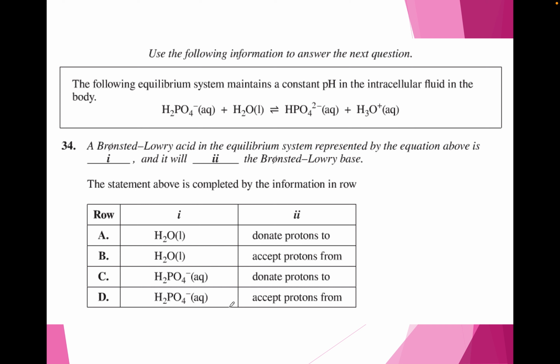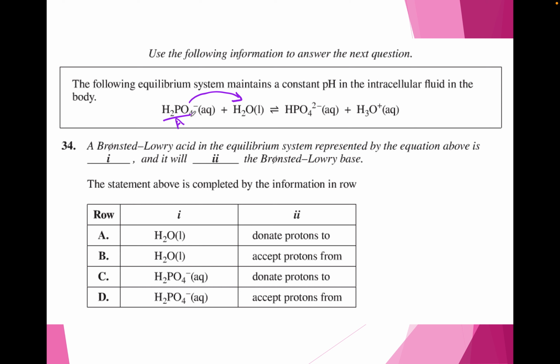So looking at our old diploma question here, we have the reaction given, and it's asking: the Bronsted-Lowry acid in the equilibrium system represented by the equation above is. So again, your acids donate hydrogens to the base. So this polyatomic ion is losing a hydrogen and it's going to the water.